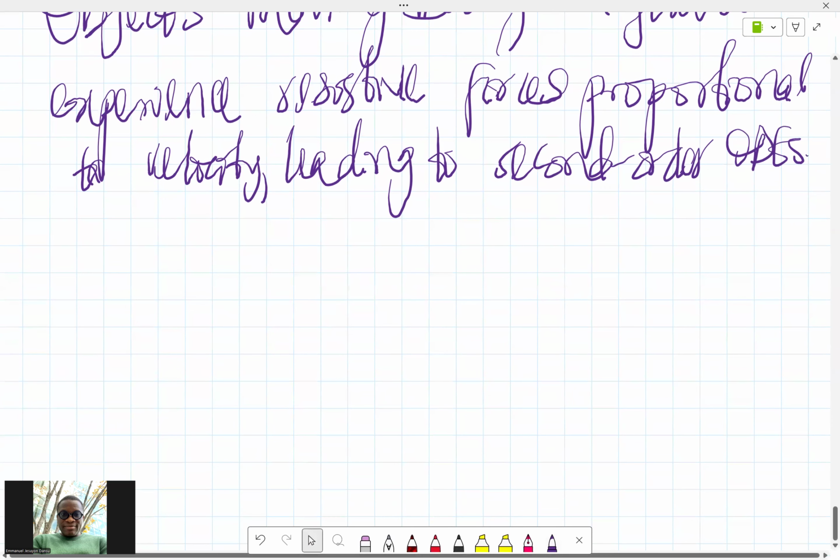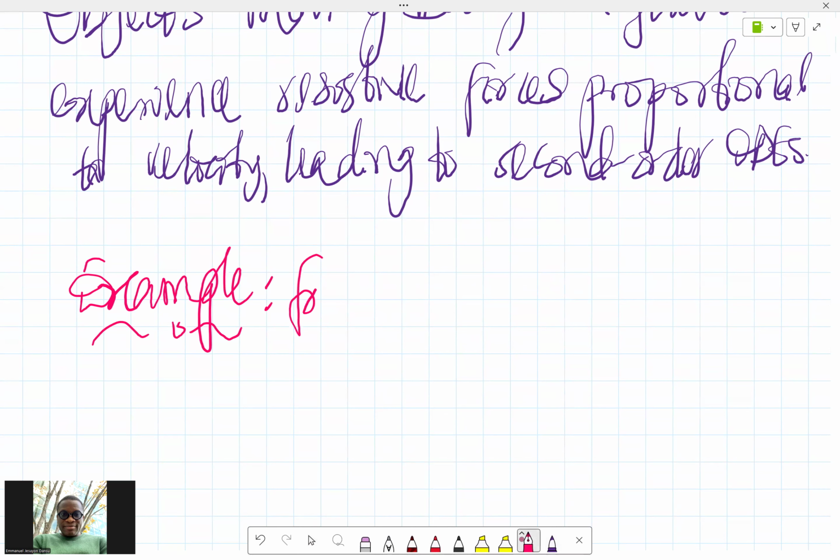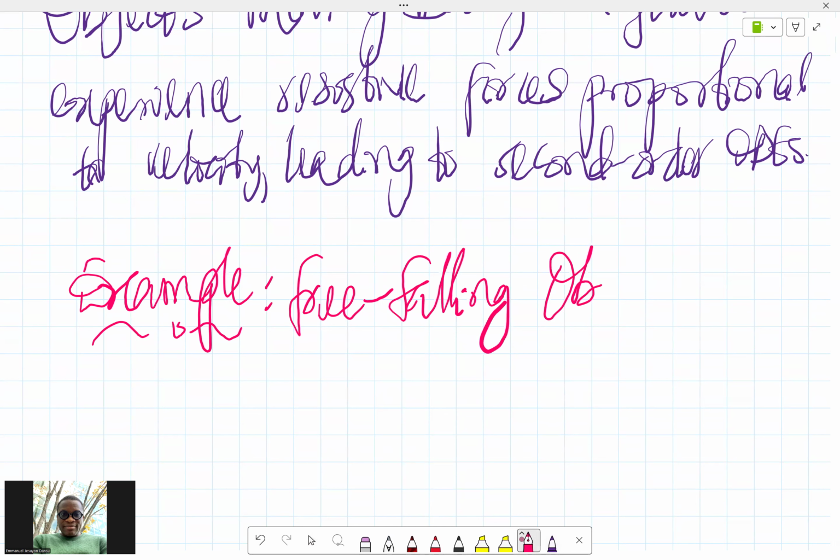A good example would be a free falling object with air resistance.